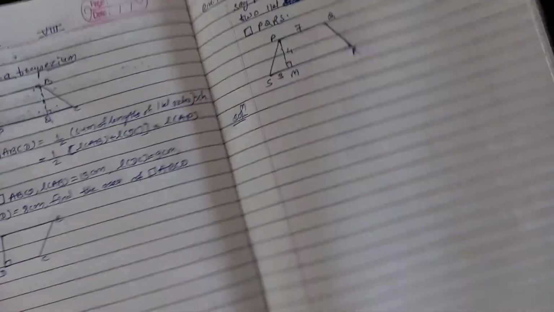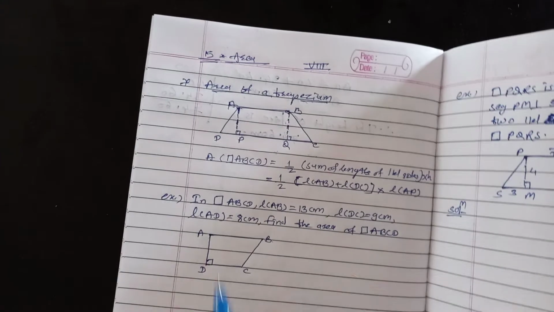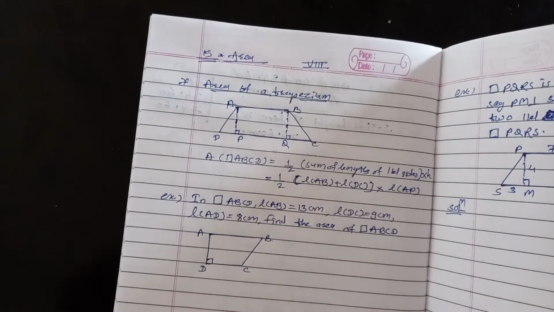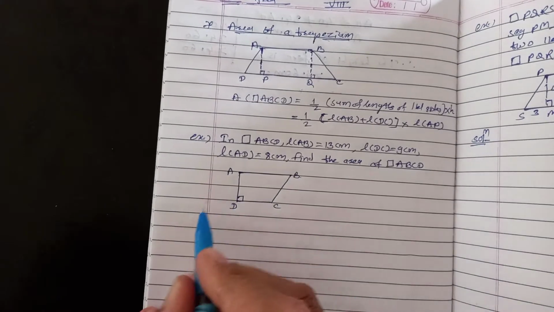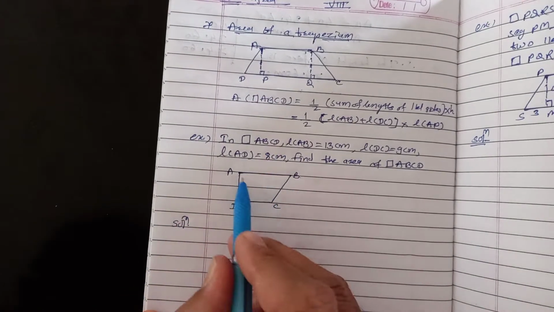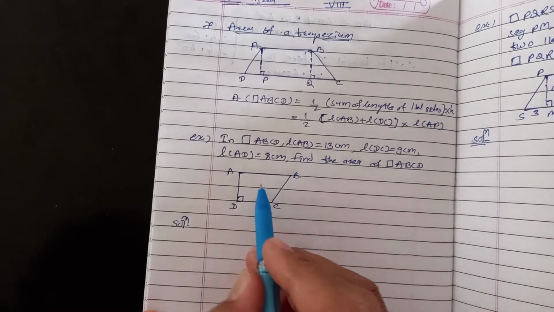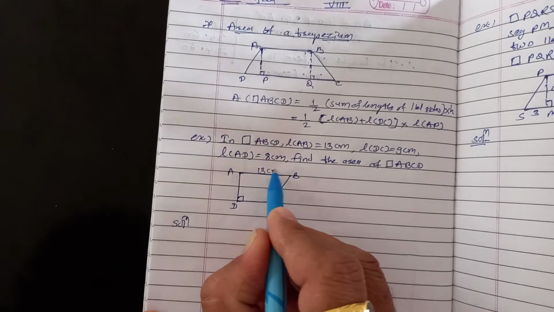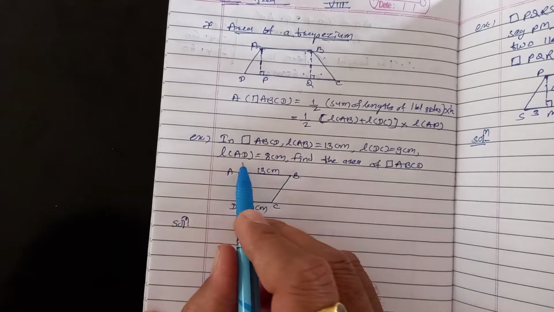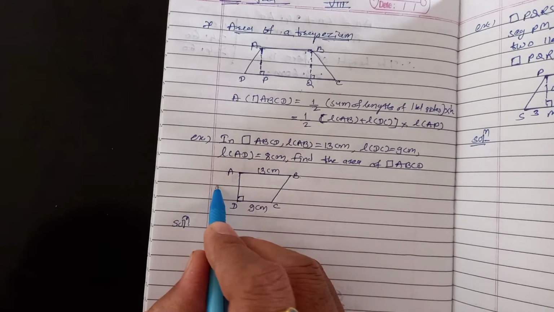Now see here. First example, your formula is also written. The formula for a trapezium is the length of the parallel sides. So first example: in a quadrilateral ABCD, this length AB is 13 centimeter, DC is 9 centimeter, and AD is 8 centimeter.